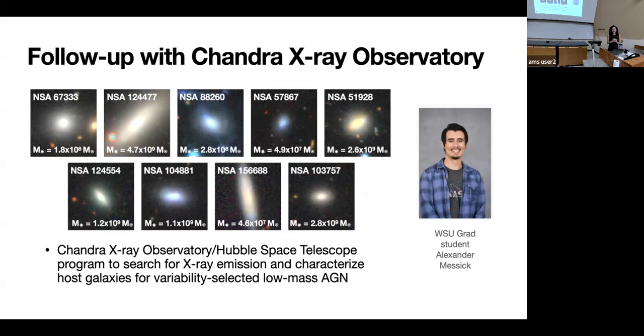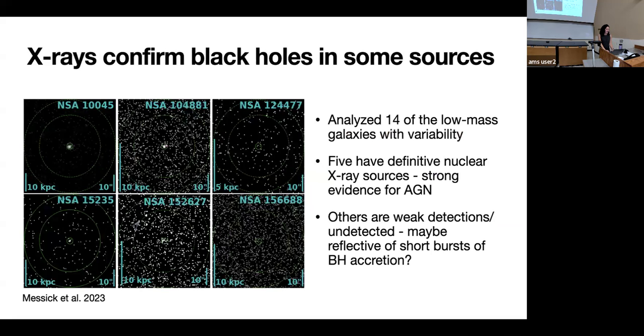A couple of my graduate students have done some really interesting follow-up work on this sample. Messick analyzed Chandra X-ray observatory data that we obtained for 14 of these galaxies. These are some of the dwarf galaxies that we found to have variability selected black holes. Messick analyzed X-ray observations for them to look for additional evidence of the presence of active black holes.